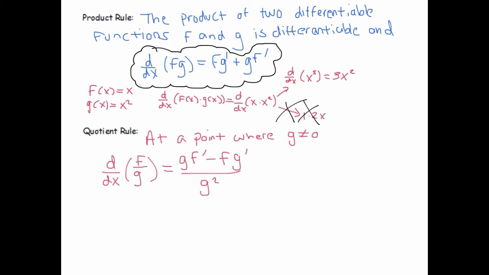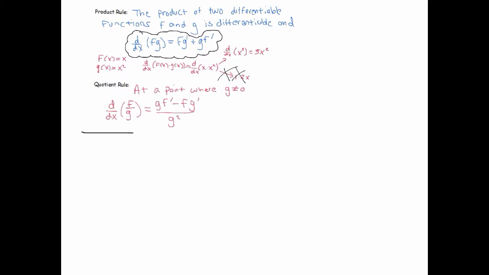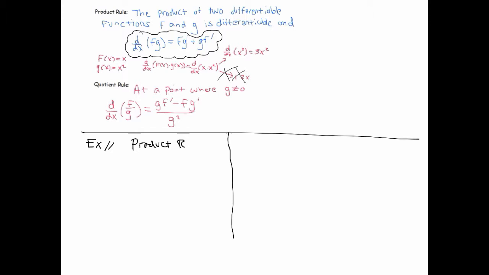So let's first do the product rule. For example, let's say we had y equals x squared plus 1 times x cubed minus 4.